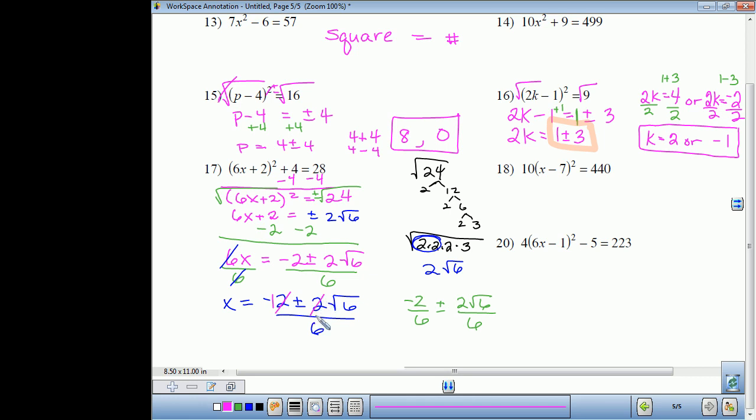If we divide 2, we're left with 1. If we divide by 2, we're left with 3. So it leaves me negative 1 plus or minus 1 root of 6, all over 3. If it's 1 root of 6, do I need to write the 1? No. And that's how we'll leave our answer. Okay. We're good with that.